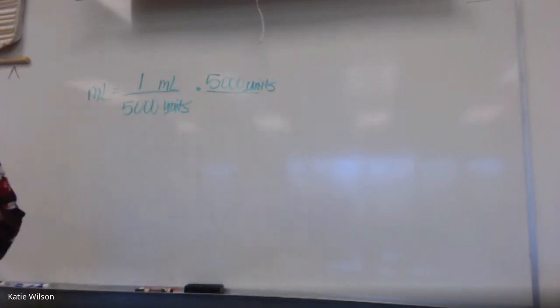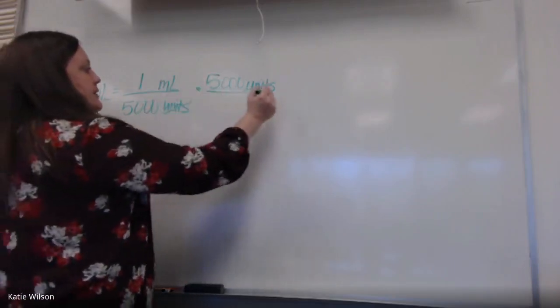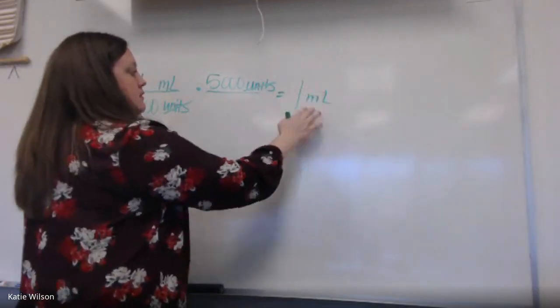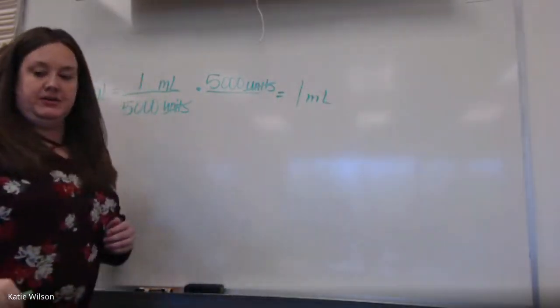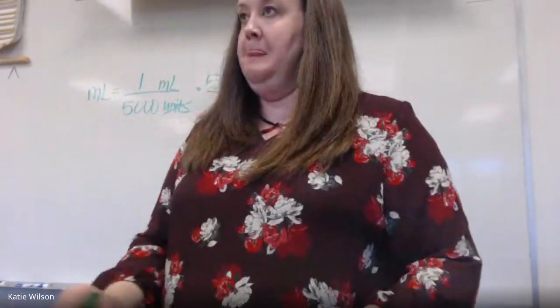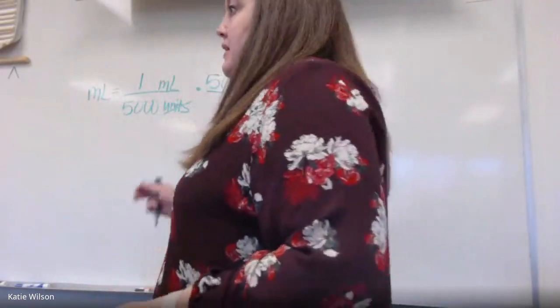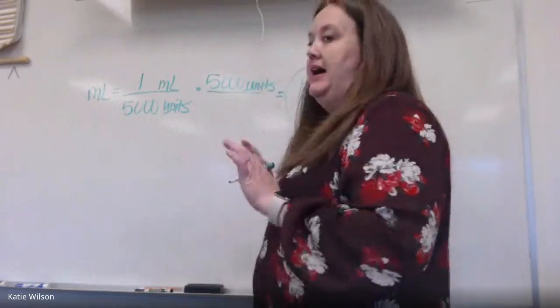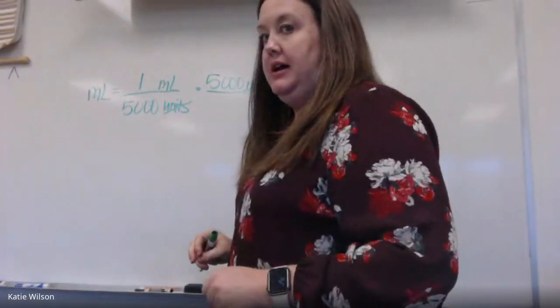And what's my answer? 5,000 divided by 5,000 equals 1. So if I have to round to the nearest hundredth, how do I do that? Since it comes out to a whole number, I don't have to worry about rounding.